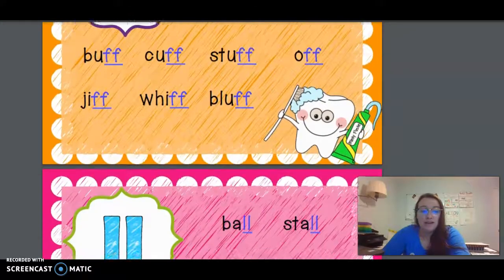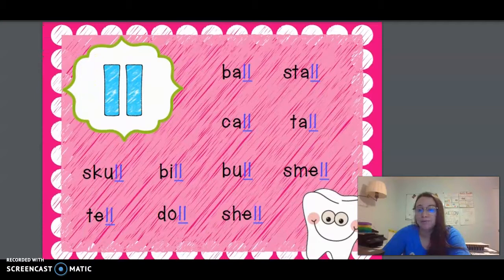So let's take a look at L now. Our double consonant L: ball, stall, call, tall, skull, bill, bull, smell, tell, doll, and shell. So all of these have the double L, and there's a short vowel right before them.